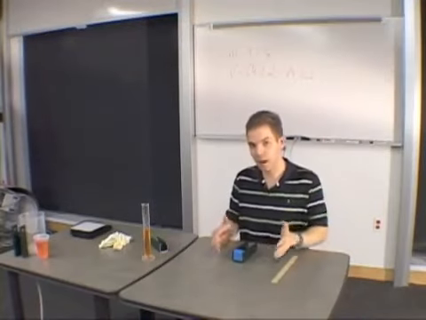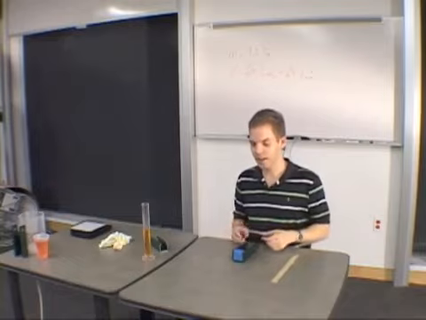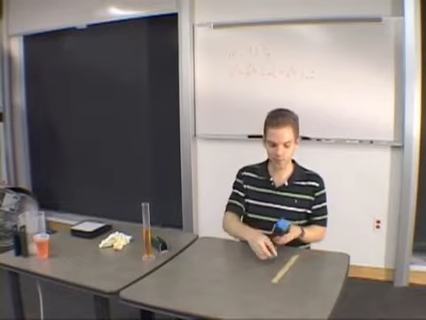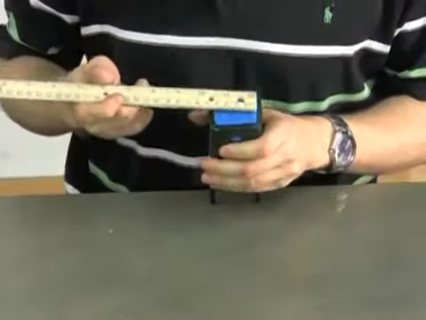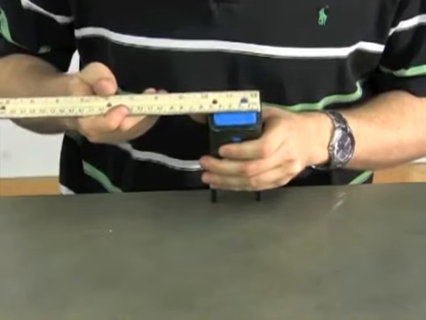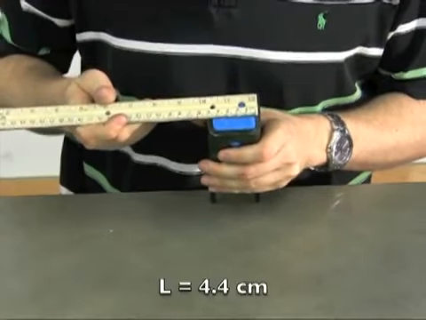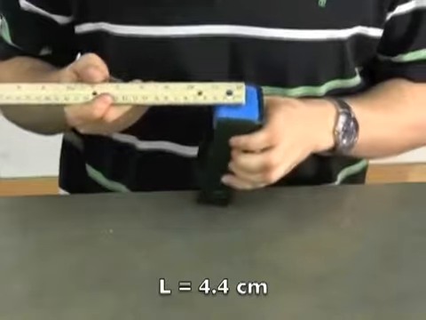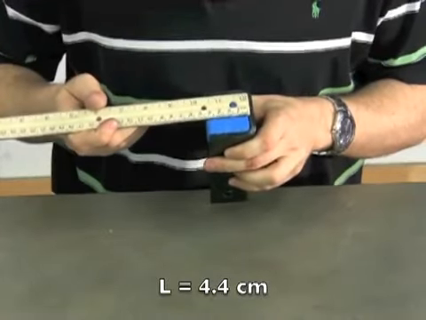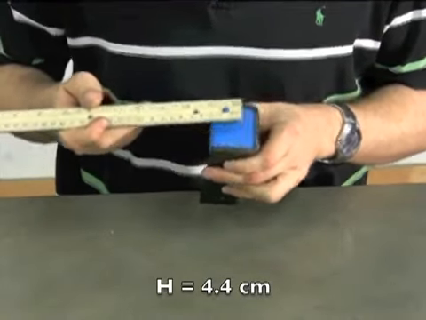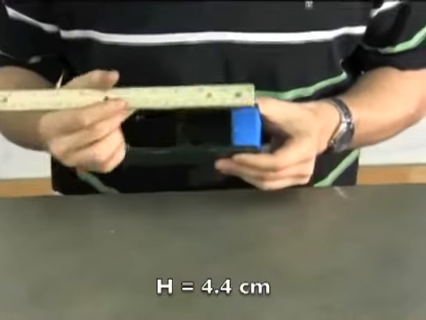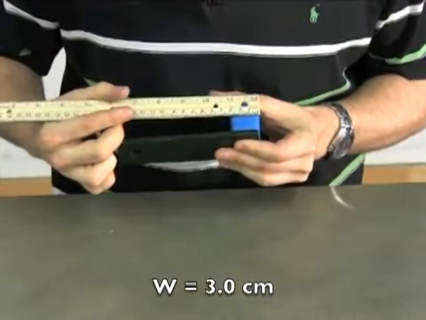So now that we've smashed up our miniature crown, let's take its dimensions. Using our ruler, we see that the length is about 4.4 centimeters. Its height is about 4.4 centimeters. And its width is about 3 centimeters.